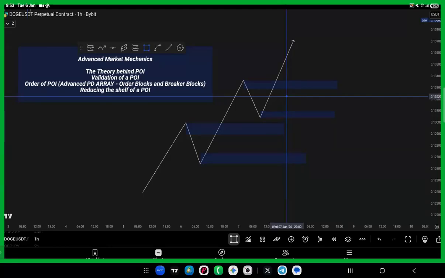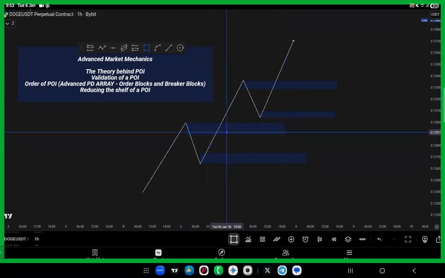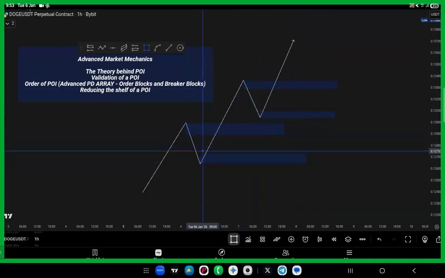And that is why the market will come back and fill in that fair value gap to tap into your breakout block or your order block before pushing to the other side. So you want to see the presence of a fair value gap or an impulsive move, any of those. Now, since this is not a candle chart, we can say that all of them have an impulsive move. You can see after this an indication of an impulsive move, all these ones. So all of them literally have an impulsive move, right?